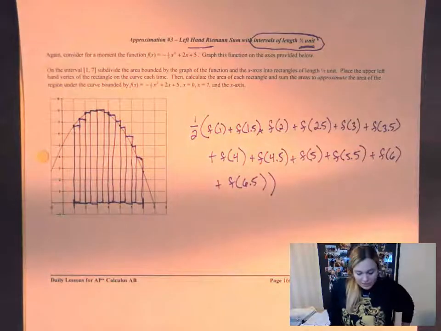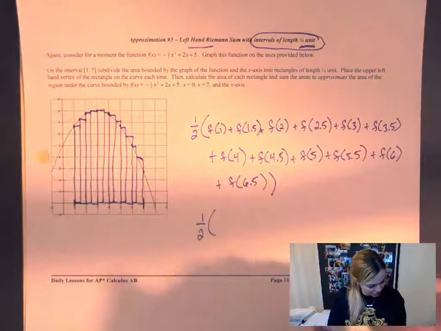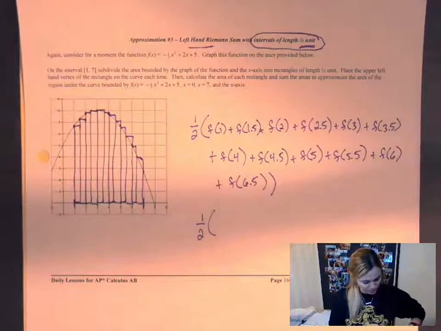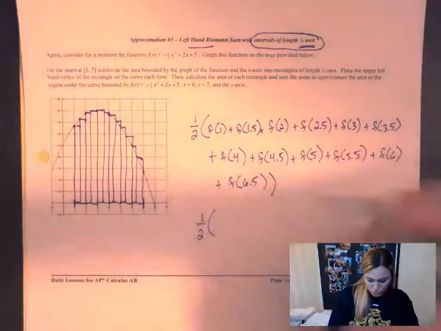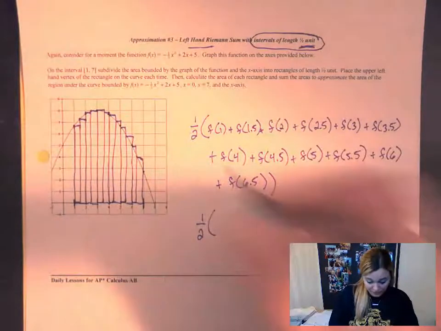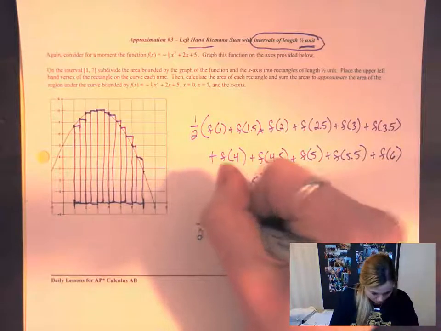If I go through all these, well, this is a lot, but we're going to do it. This was 1 unit. There we go. If you want to skip to the answer, feel free. But f of 1, 20 over 3.